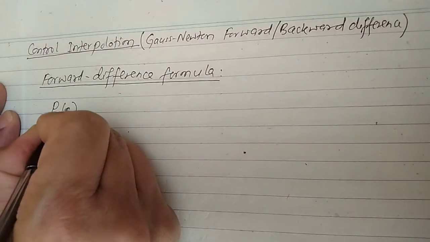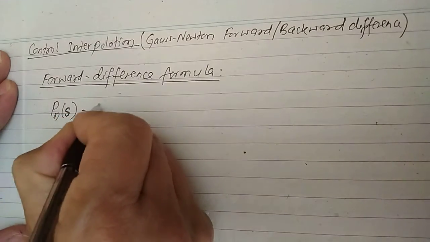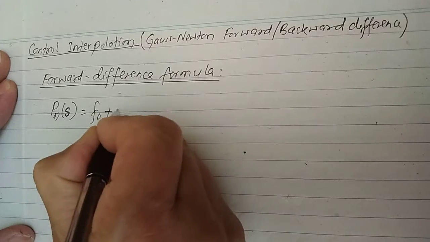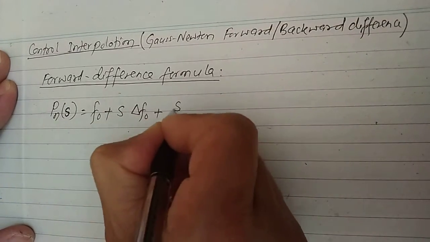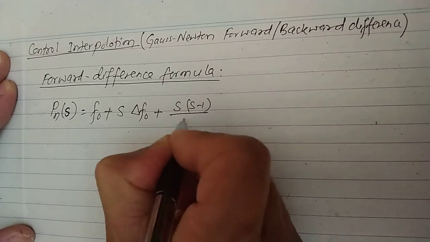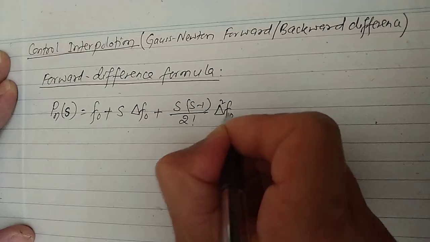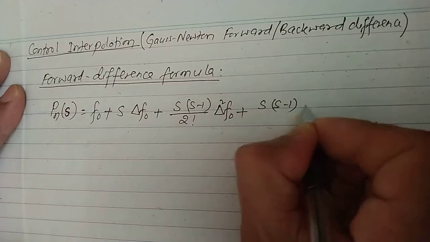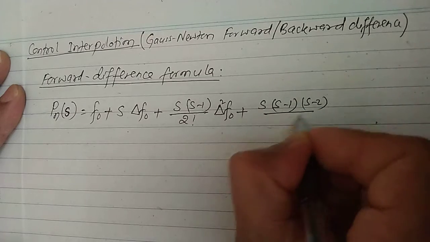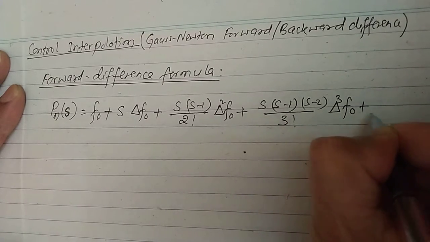P(s), this is s, not x, equals F0 plus s into delta F0 plus s into (s minus 1) divided by factorial 2 delta square F0 plus s into (s minus 1)(s minus 2) by factorial 3 delta cube F0 plus and so on.